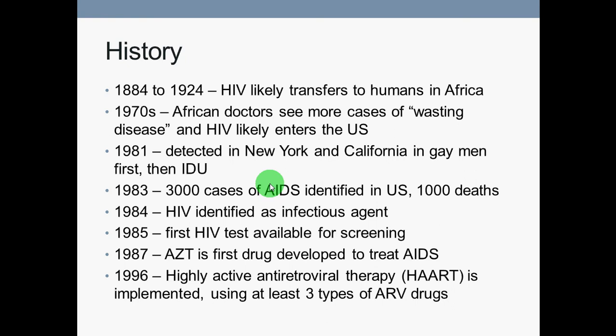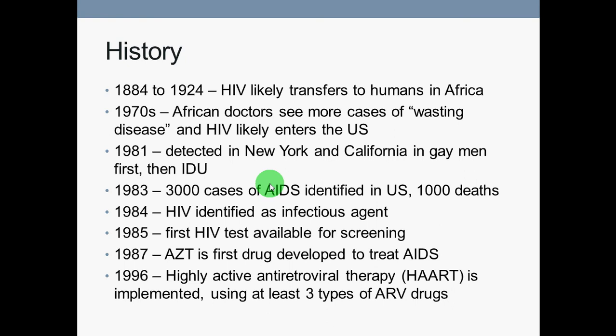It's possible that it mutated and made a leap from monkeys into humans when the monkeys were slaughtered by humans and there was blood-to-blood contact. Even to this day, SIV that's still in monkey populations can be transmitted to humans through blood-to-blood contact, but it usually is a dead-end infection. It usually does not pass from human to human.